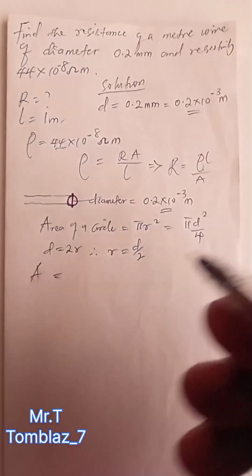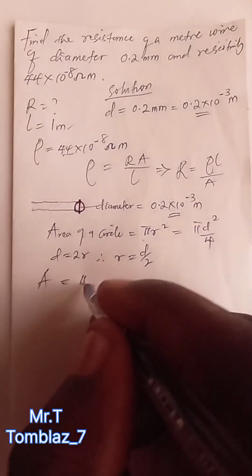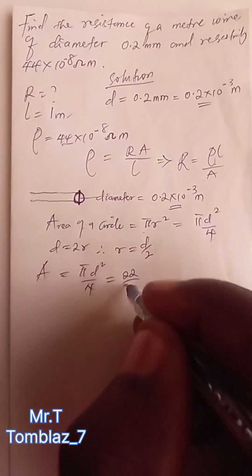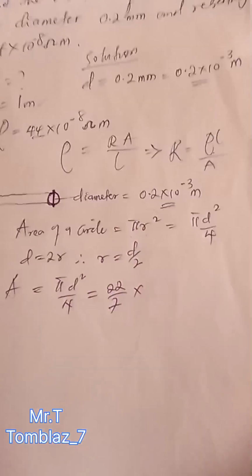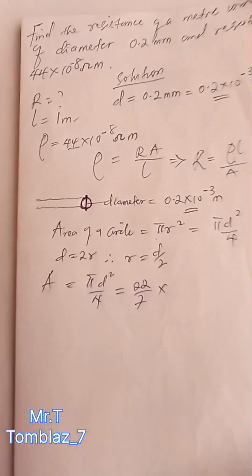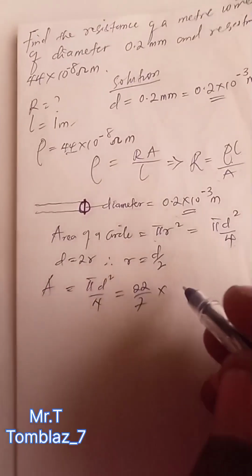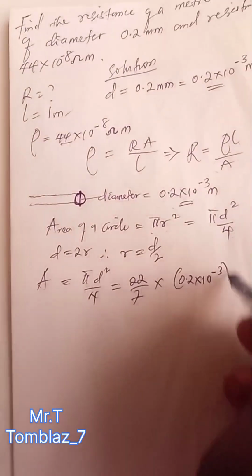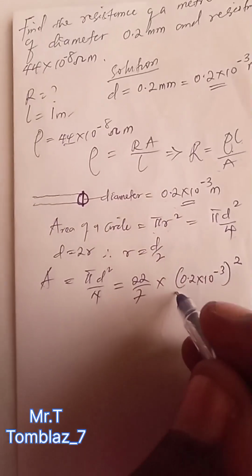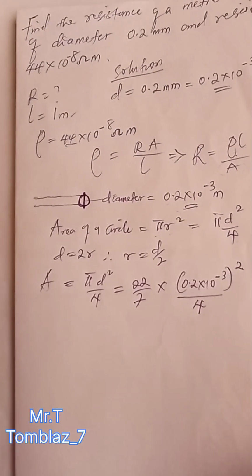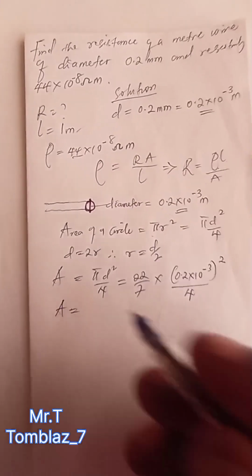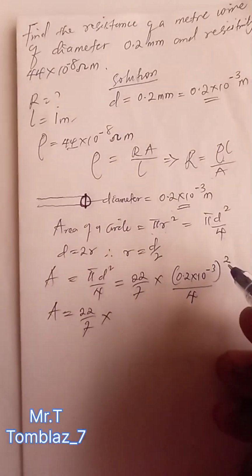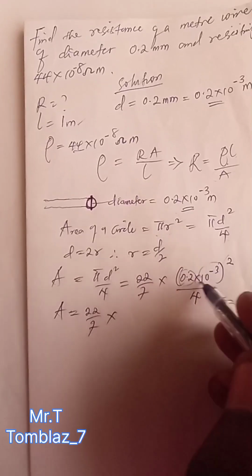So area will be equal to pi d square over 4. Pi is given as 22 over 7, otherwise it can be given as 3.142. And then our d is 0.2 times 10 raised to the power minus 3, all squared, divided by 4. So area is 22 over 7 times, this square will affect this value and this.